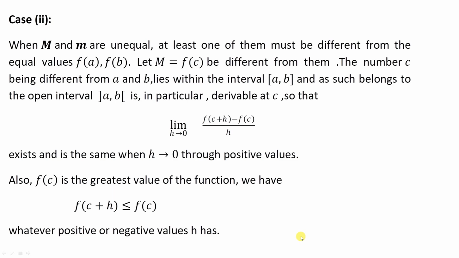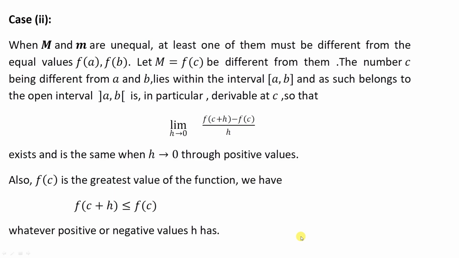In this case, at least one of them must be different from the equal values f(a), f(b). Say M is equal to f(c), different from them. The number c, being different from a and b, lies within the closed interval [a, b], and as such it belongs to the open interval (a, b).